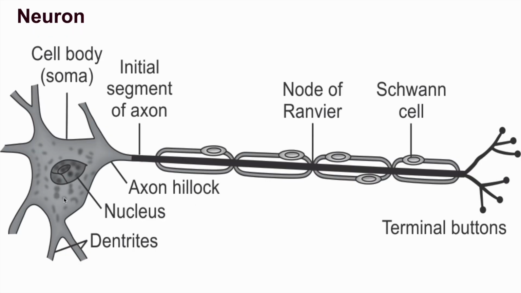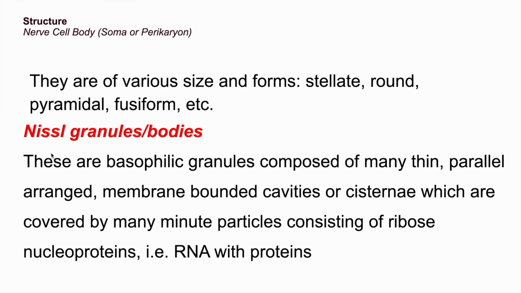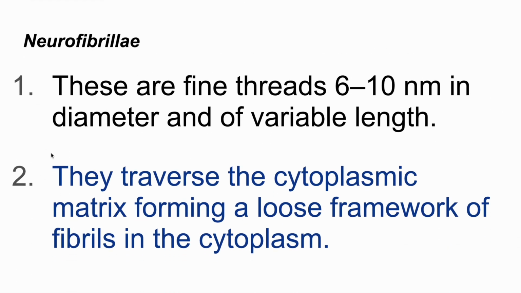It has plenty of granules in the cytoplasm of the cell body, known as Nissl granules. These are made up of RNA with proteins. Mainly they are concerned with the synthesis of proteins in the cell body.